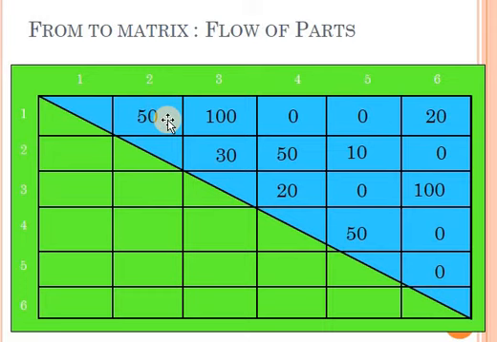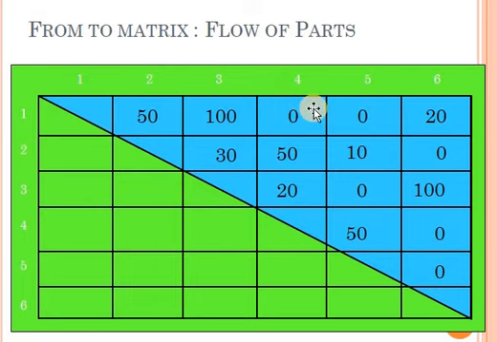And I'm moving from department 1, still looking horizontally at department number 1, where it intersects department number 3 vertically, with the number 100. So this means that I'm moving 100 units on average from department 1 to department 3. From department 1 to department 4, I have 0 units being moved.